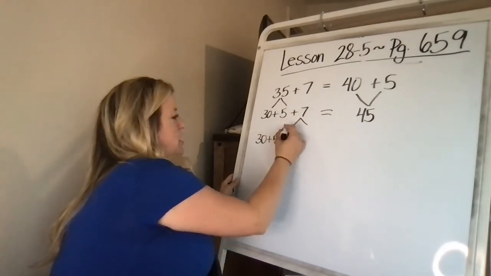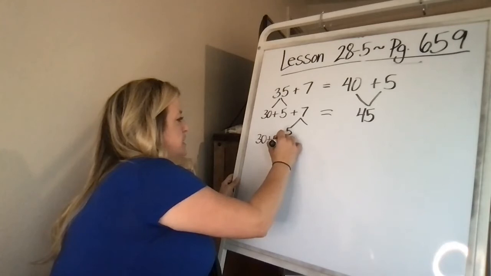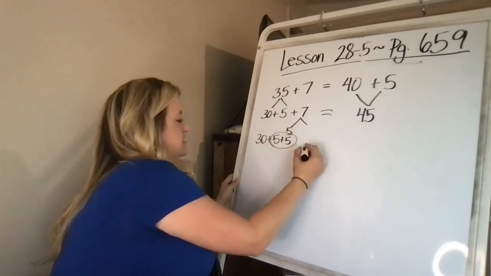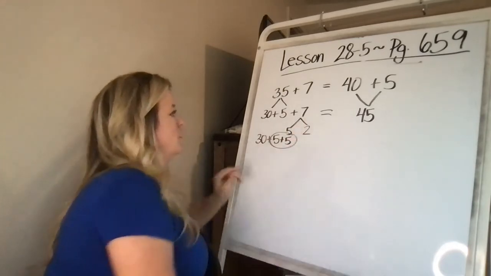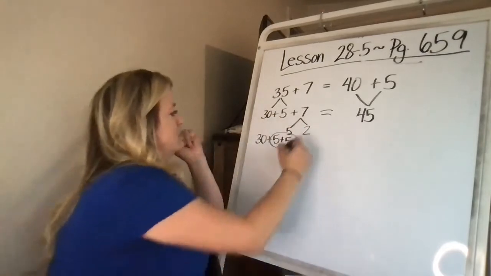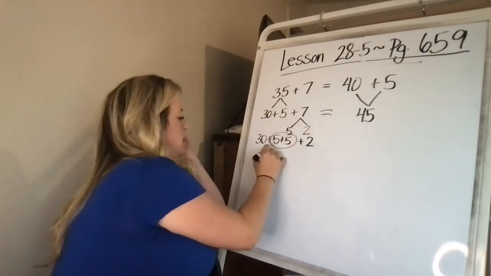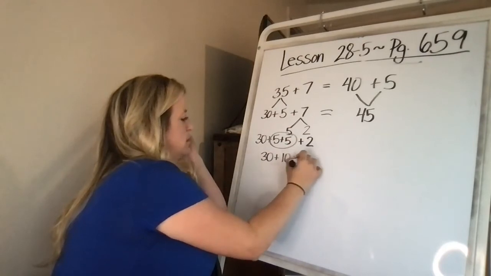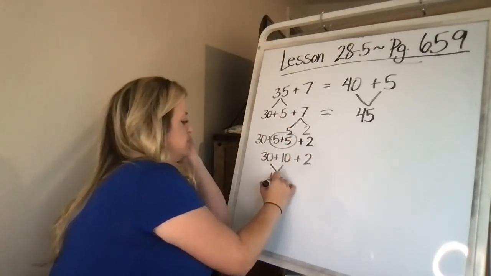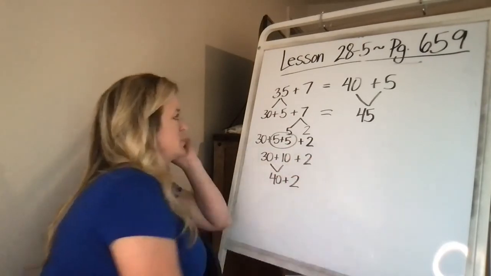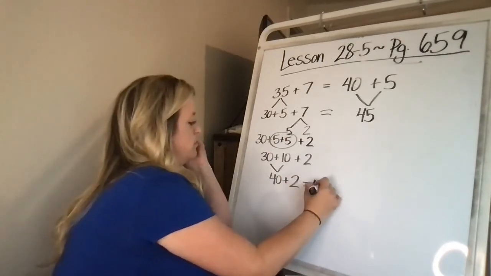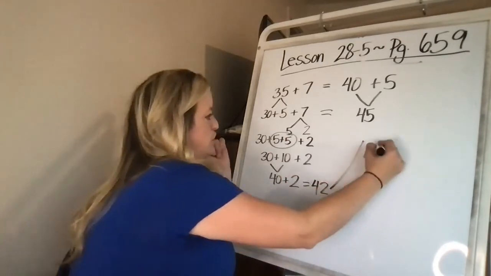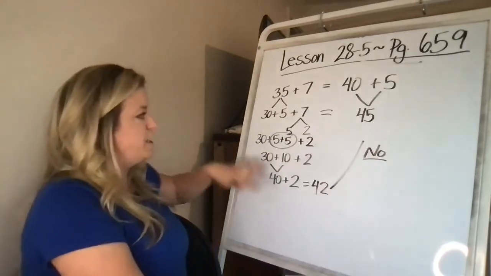And I'm going to pull out 5 to make that 10 and 2 more. 7 breaks down into 5 and 2. So it becomes 30 plus 10 plus 2. 30 plus 10 is 40. 40 plus 2 is 42. No. And here's why.